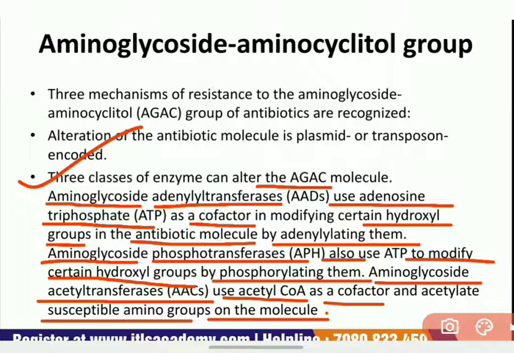For example, APH phosphorylates the 6 hydroxyl group on the amino hexose group of streptomycin. Most aminoglycoside aminocyclitol antibiotics are susceptible to more than one modification reaction.